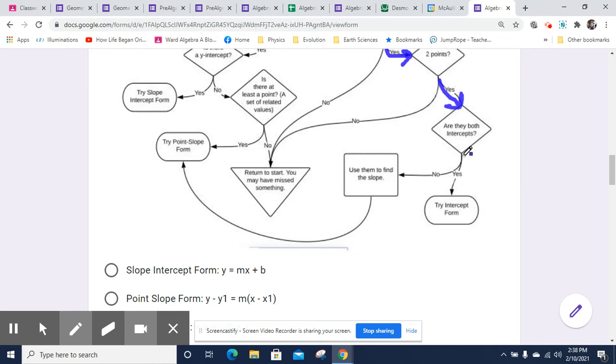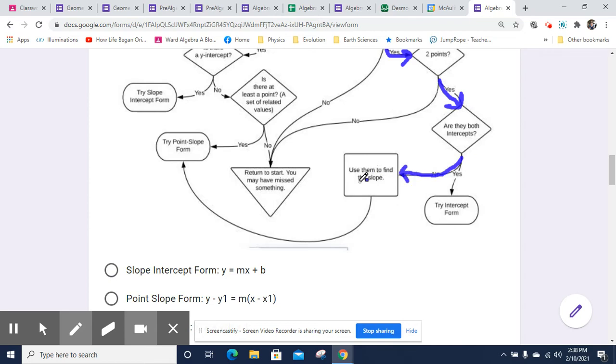So a y-intercept would be 0, comma, some value on the y-axis. An x-intercept would be some value on the x-axis, comma, 0. So no, we do not, because we have (9, 403) and (13, 515). So we're going to go the no path.